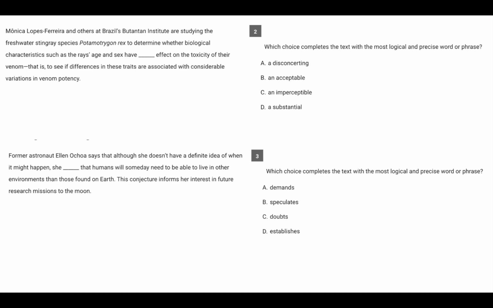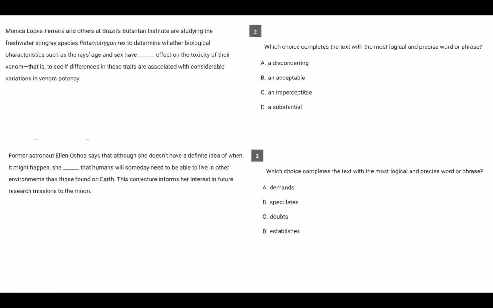To speculate that something will happen is to think that it will happen. So you don't definitely know that it will happen, but you think that it will happen. Let's look at doubts. Doubts actually is the opposite of what we're looking for, because she's not doubting that humans will someday need to be able. It's being said that her interest in future research missions to the moon. So she has interest in future research to the moon.